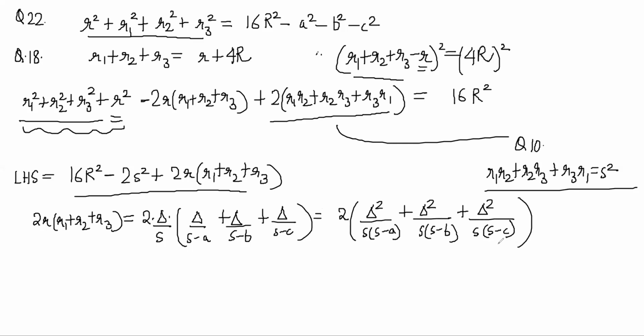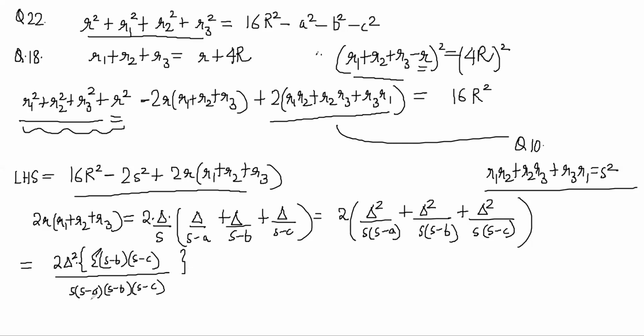What you can do here is take the common denominator s minus a, s minus b, s minus c, and 2 del square common. On top it becomes s minus b into s minus c plus the summation of terms like this, all three terms like that.